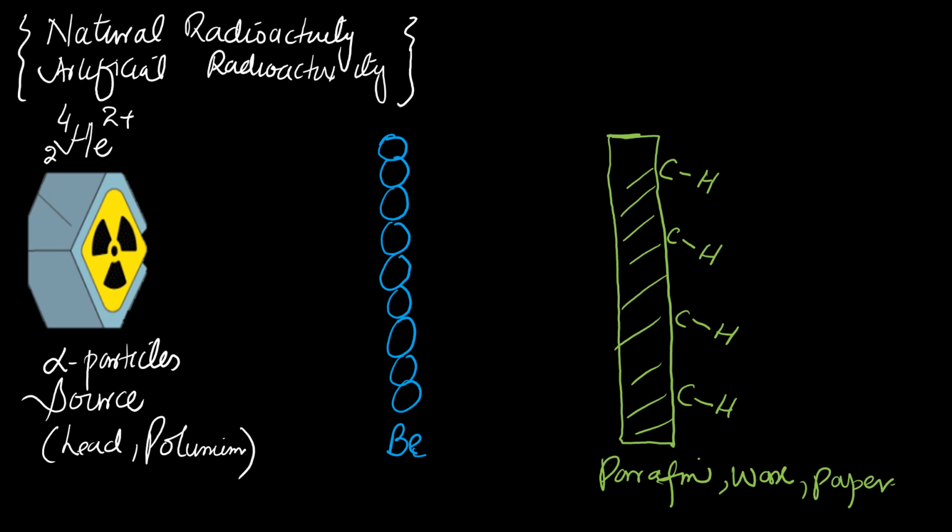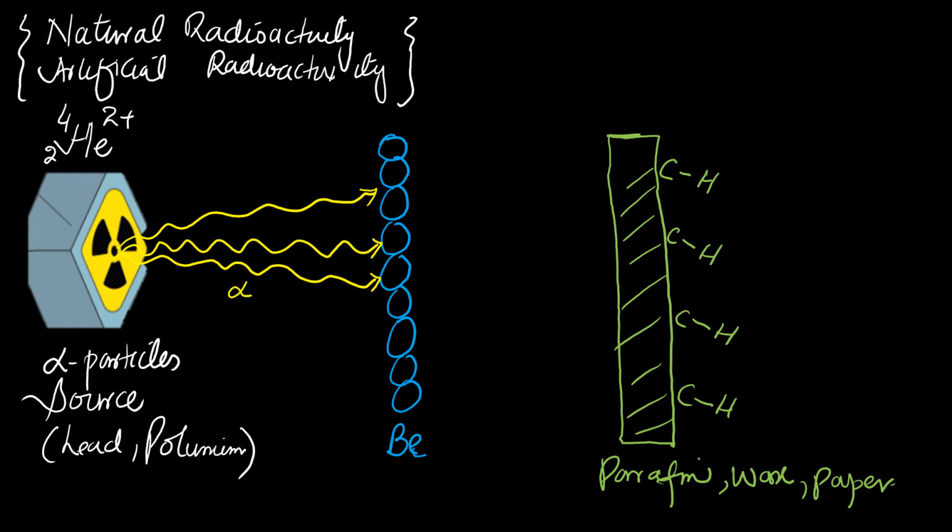So James Chadwick basically made alpha particles from the alpha particle source incident on the beryllium foil, like this. These are alpha particles, or alpha rays.